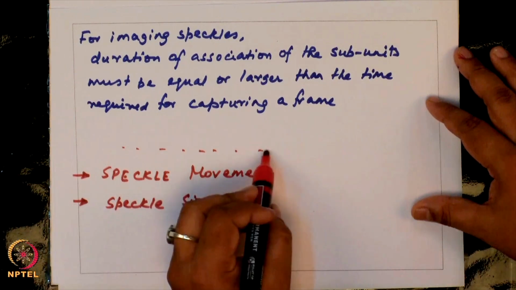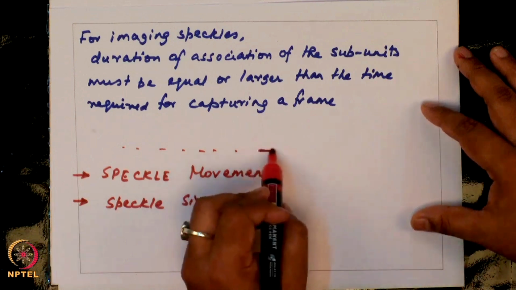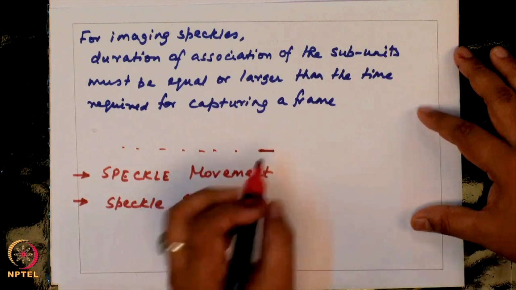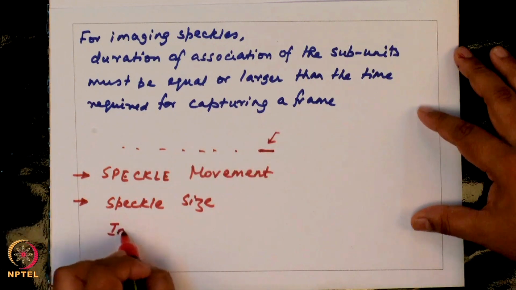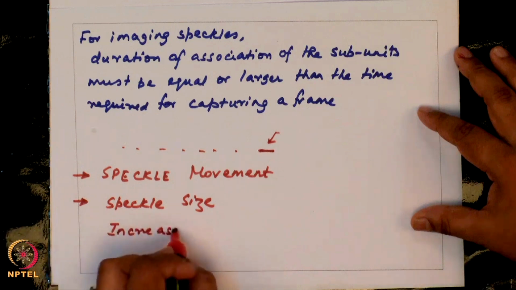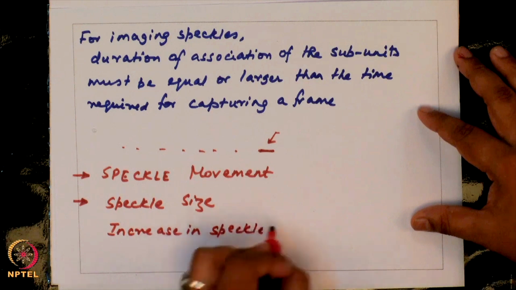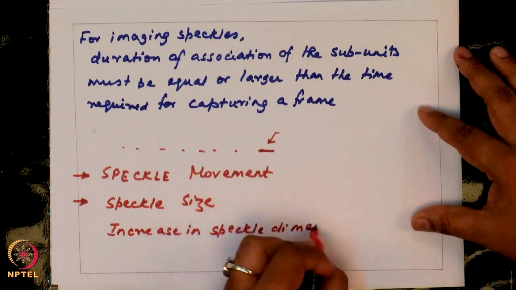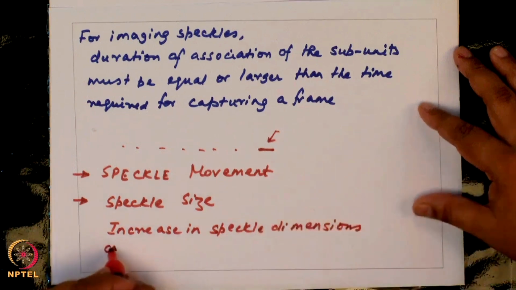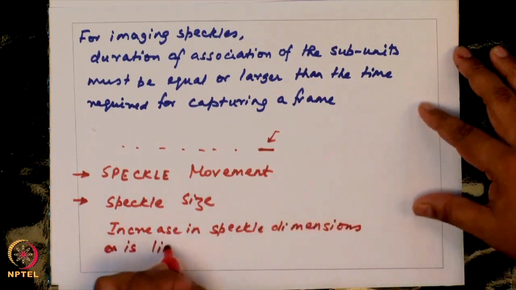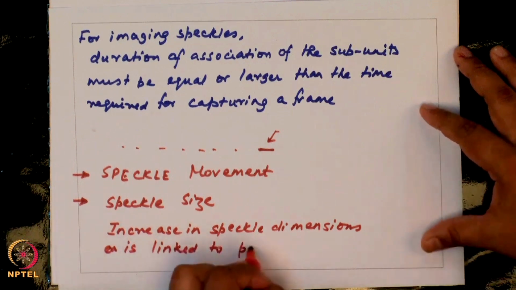If locally this particular speckle is growing in size, then I know that there is some polymerization event going on. So, an increase in speckle dimensions is linked to polymerization events.